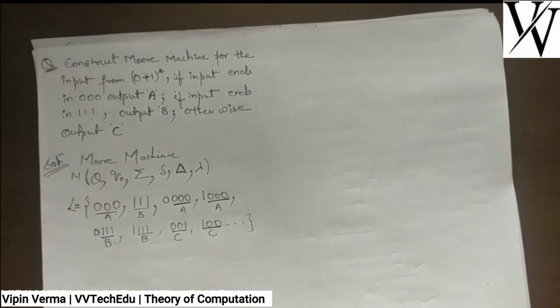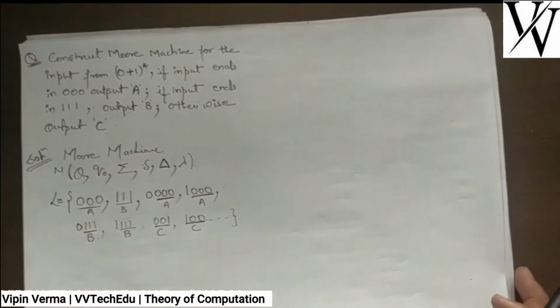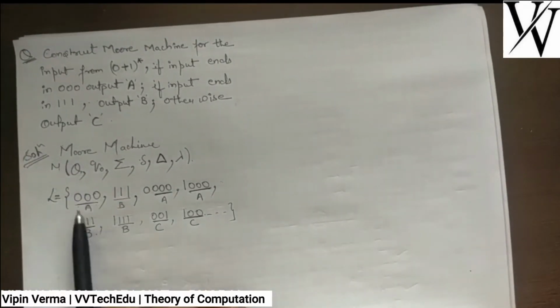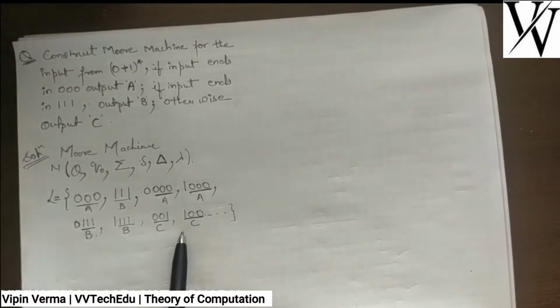So we can understand with this set of strings कि हमें कहाँ पर आउटपुट A मिलेगा और कहाँ आउटपुट B जनरेट होगा.